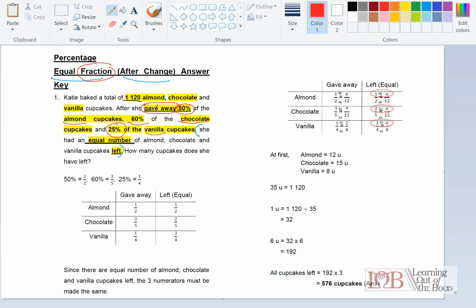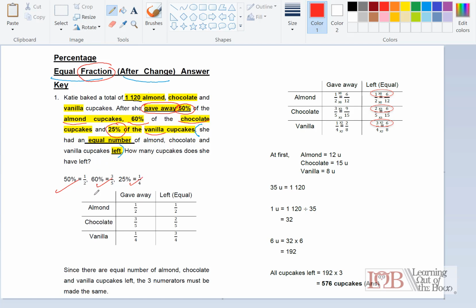Yeah, but in this case, the person who set this question wants you to show him how you are going to convert from percentage to fraction, and it's pretty easy, and it's something that you need to memorize. What is the fraction for 50%? Okay, it's half. Something that you must know by heart. 60%, 3/5. 25%, 1/4.